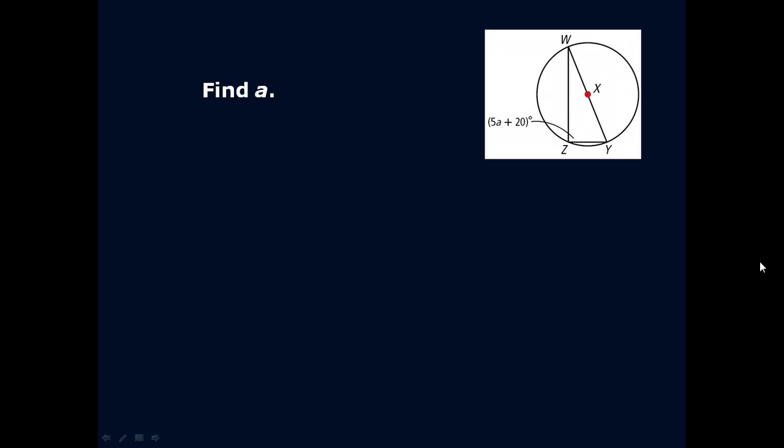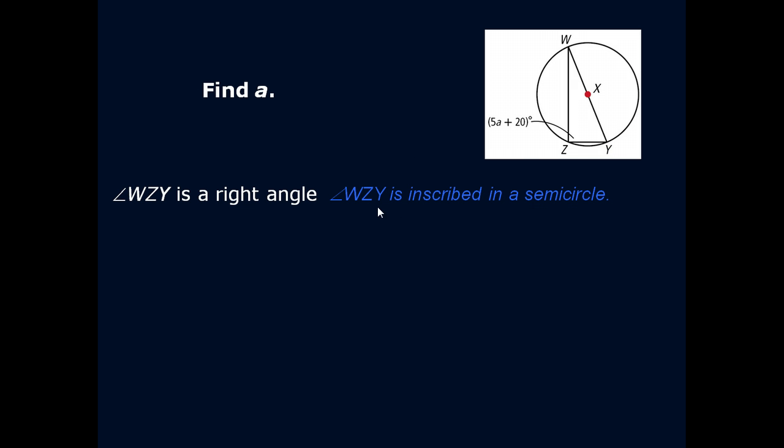In this example, we want to find the value of A. We know that WZY is a right angle. WZY is inscribed in a semicircle.